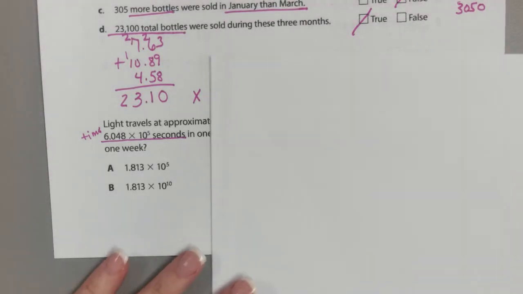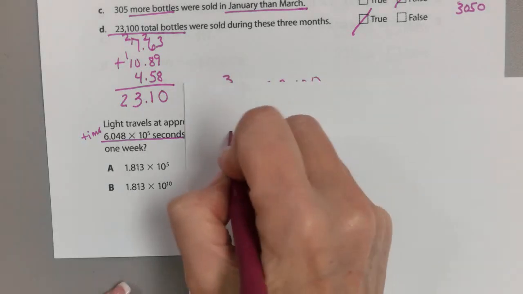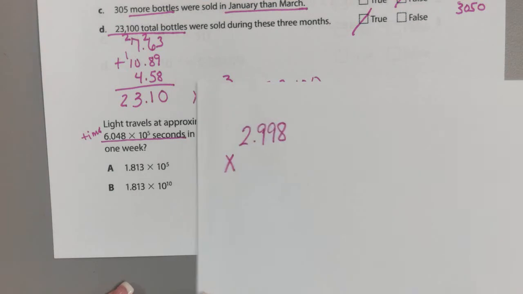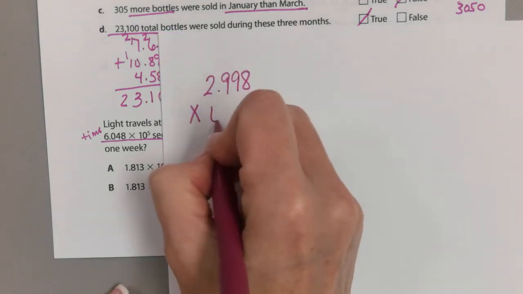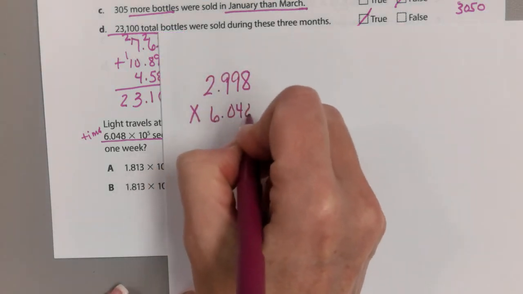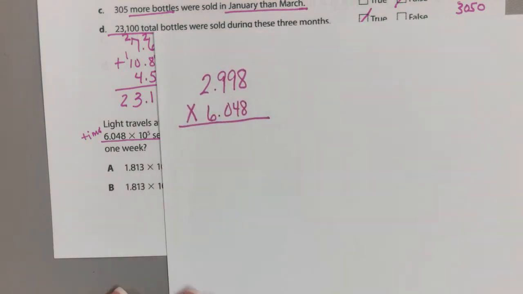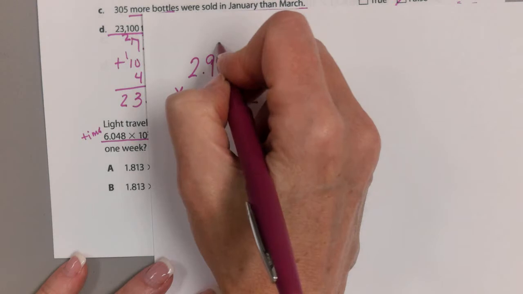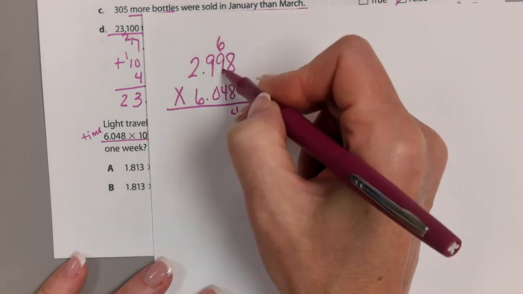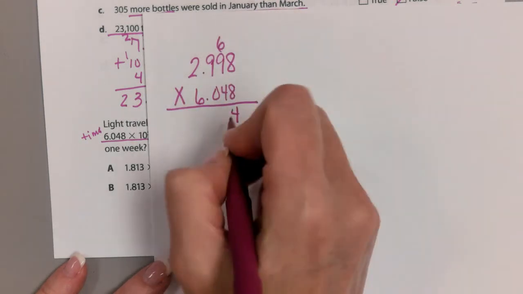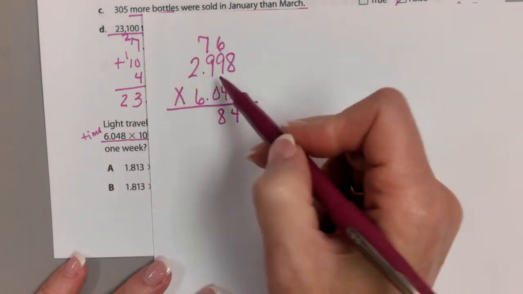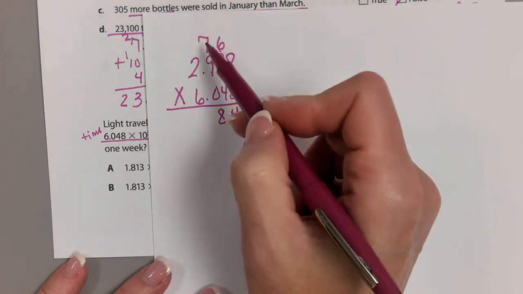Let's start fresh. So 2.998 times 6.048. That's why I should be using a pencil. Okay, so we said 8 times 8 was 64. 8 times 9 was 72. Plus 6 was 78. 9 times 8 was 72.